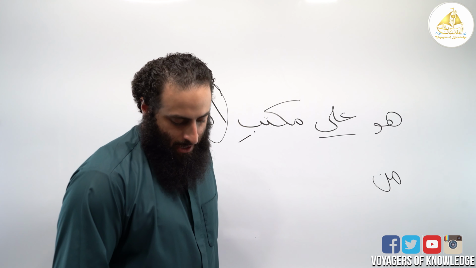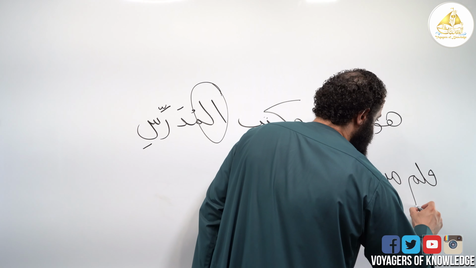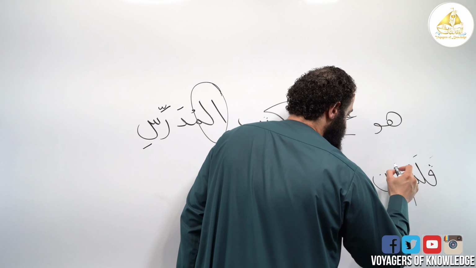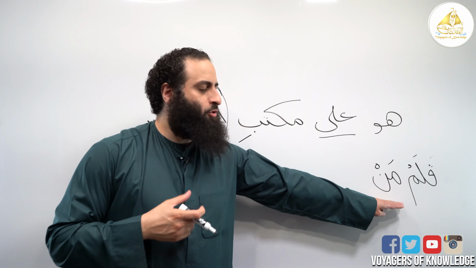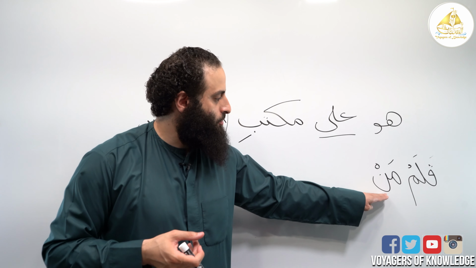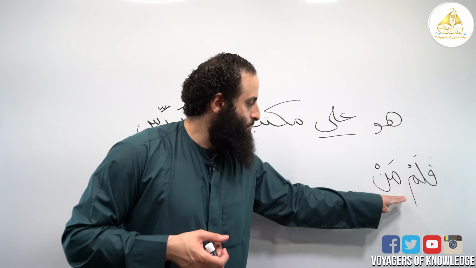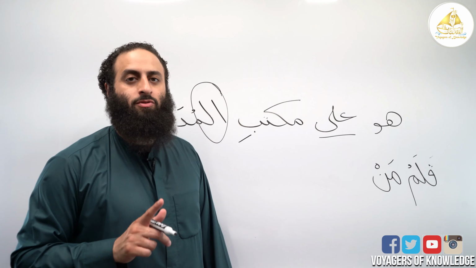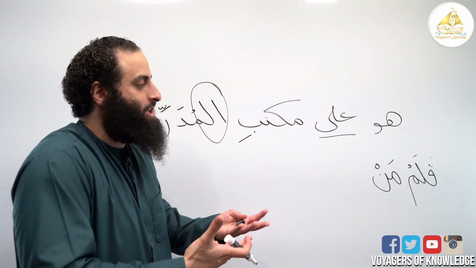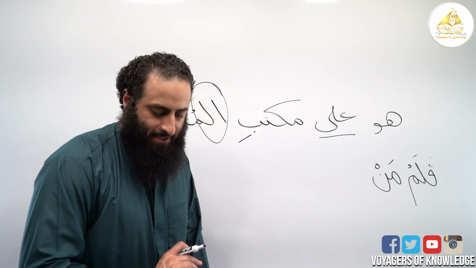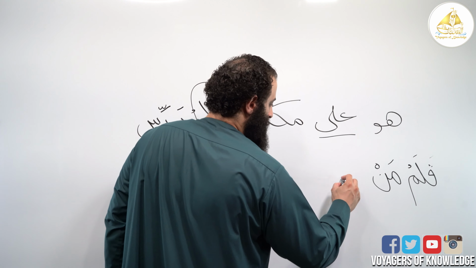So he says قلم من. Look at how he did that. قلم من, this on his own becomes who, right? But when you put it together like this, it becomes whose. Whose pen, like whose does it belong to? So he says here, قلم من هذا يا علي.